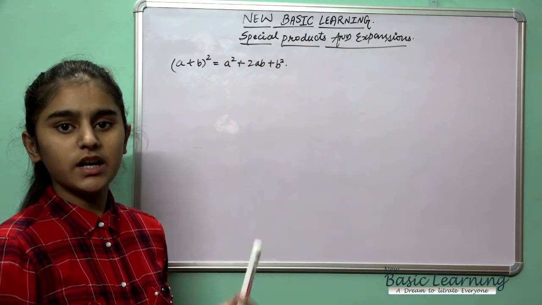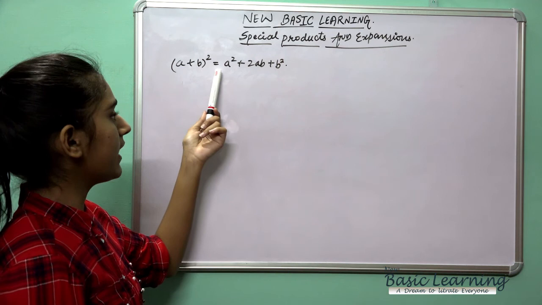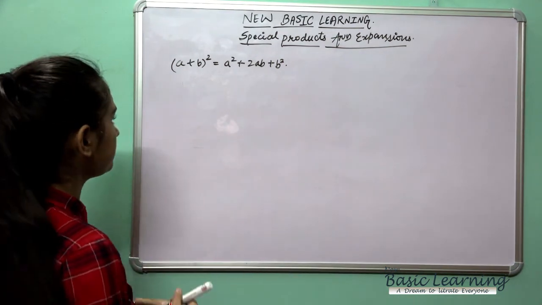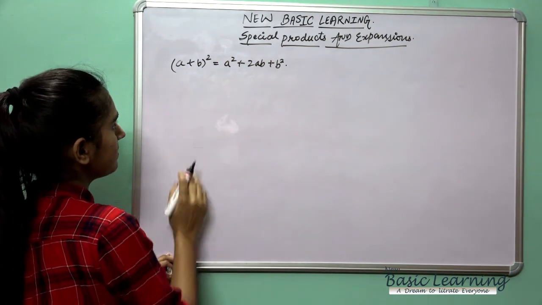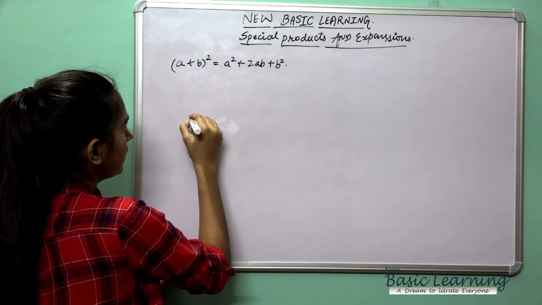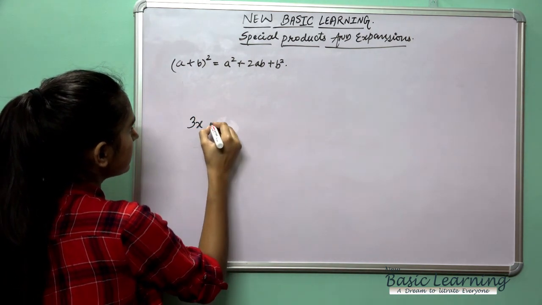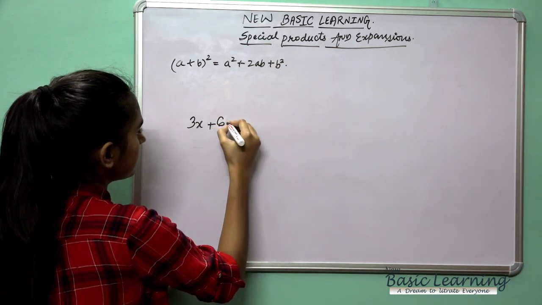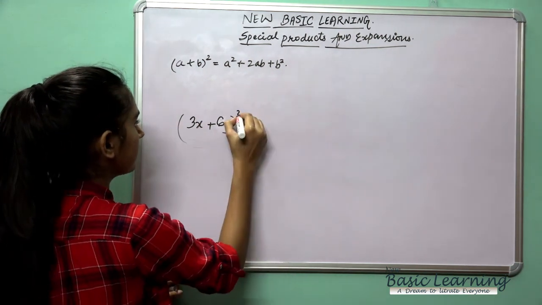Now I have taken another formula, that is (a plus b) whole square gives you a square plus 2ab plus b square. Okay. Now suppose the value for a plus b is given as 3x plus 6y, whole square.